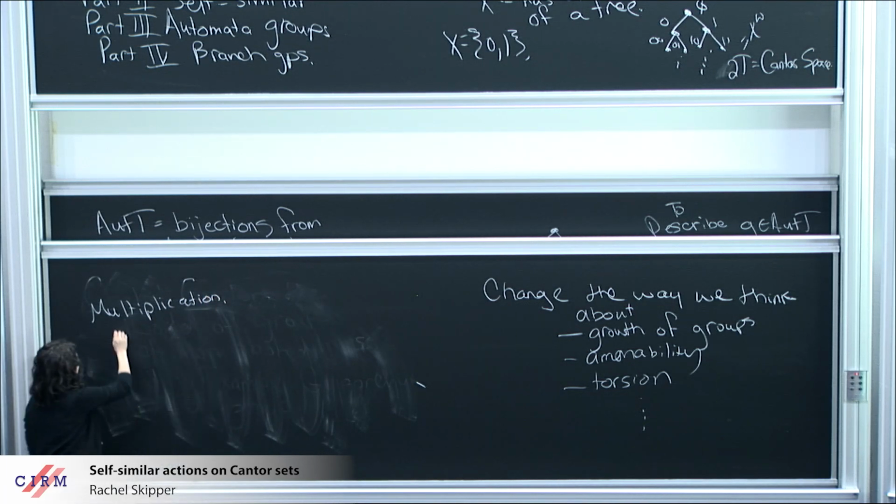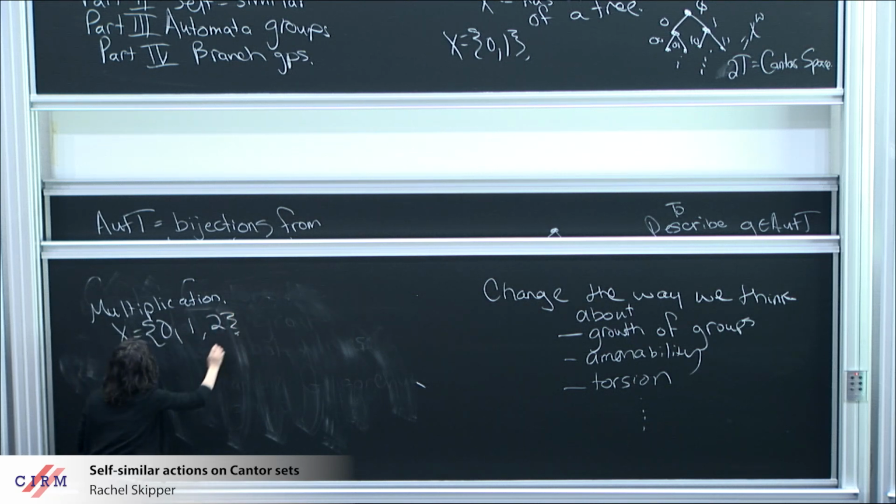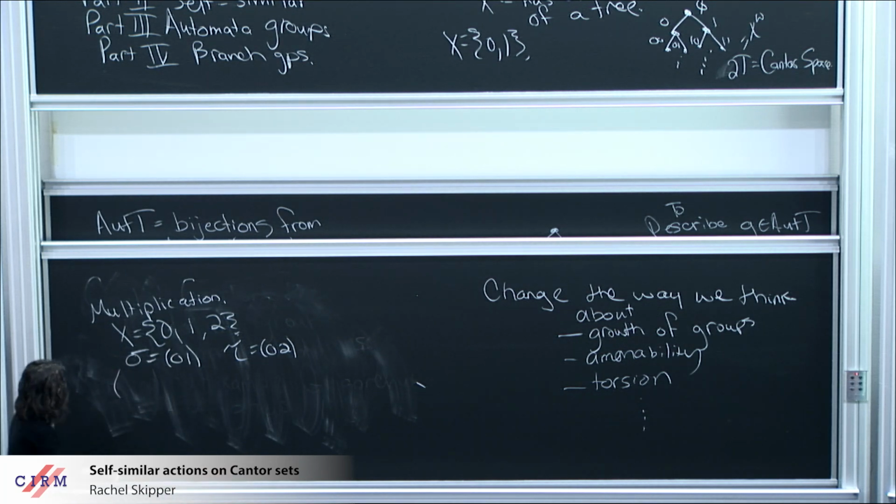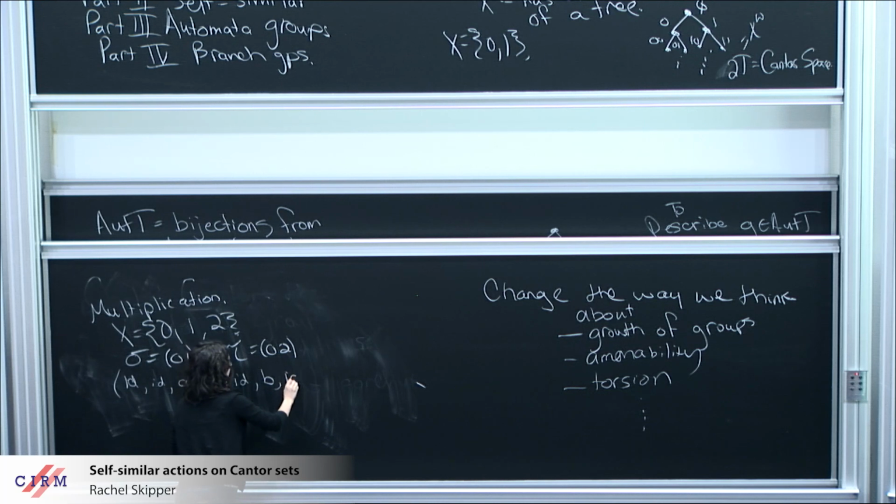Let's take X to be the ternary alphabet, 0, 1, and 2. Maybe I'll take sigma to be (0 1), and tau to be the permutation (0 2). Then we can look at something that we've decomposed as the identity, A, sigma, and the identity, maybe something that we'll call B, identity, and then tau.